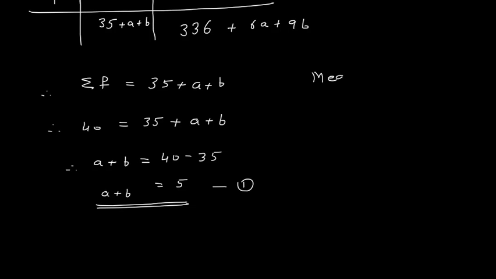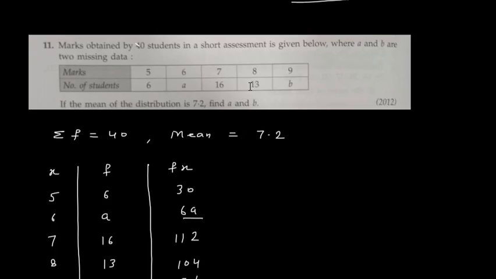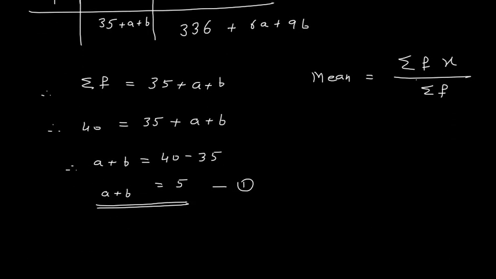Now mean is given. Mean is summation of fx divided by summation of f. So the value of mean is given as 7.2. So we say 7.2 is equal to 336 plus 6a plus 9b, and the whole divided by the total frequency, which is 40.